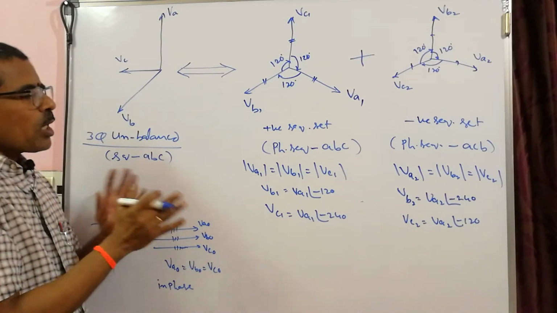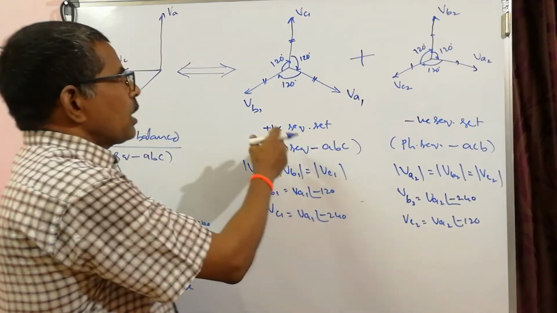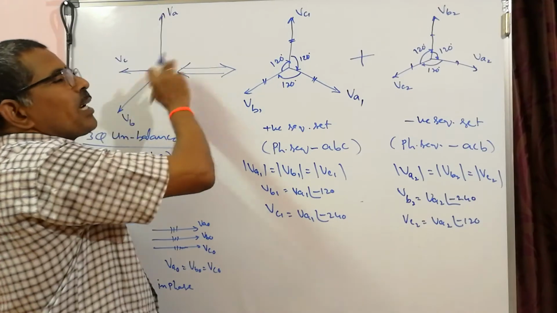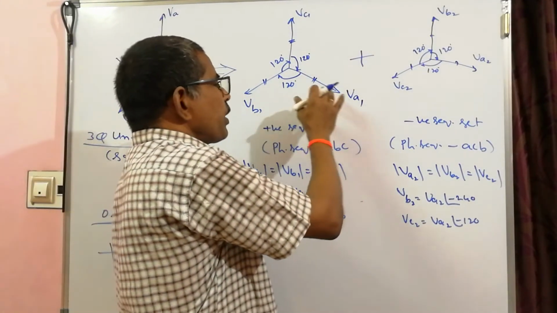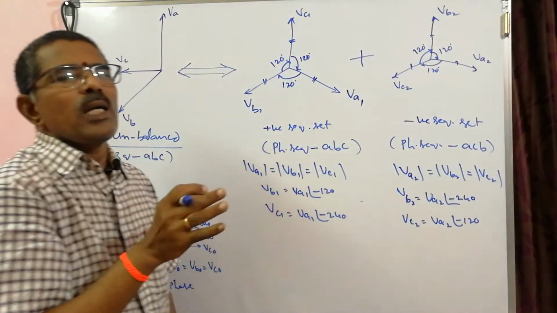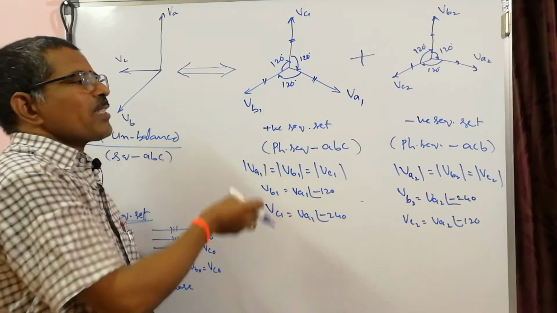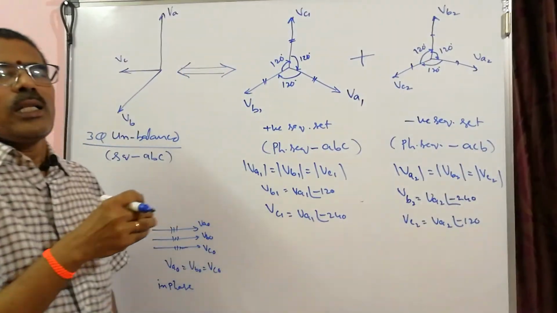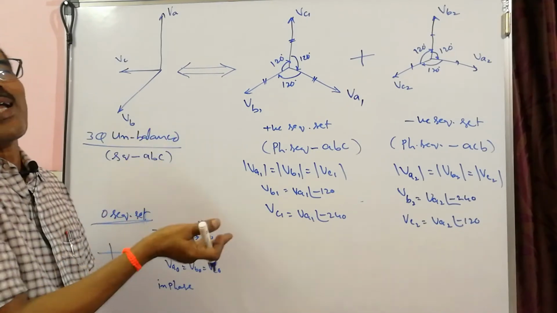So, please try to understand the notations. ABC voltages or currents belong to the unbalanced system. The subscript 1, VA1, VB1, VC1, refers to positive sequence components of the original unbalanced system. VA2, VB2, VC2 refer to the negative sequence component set of the original unbalanced system.